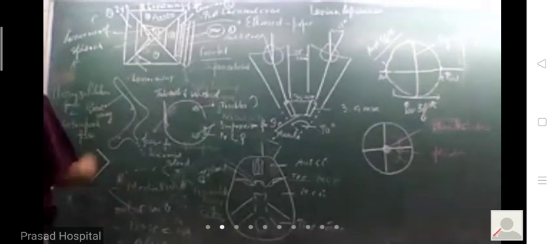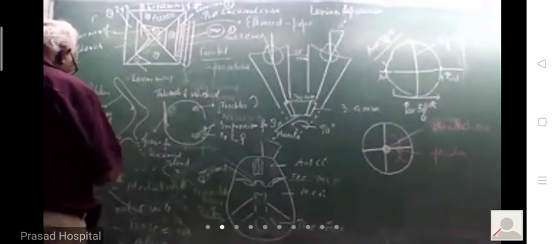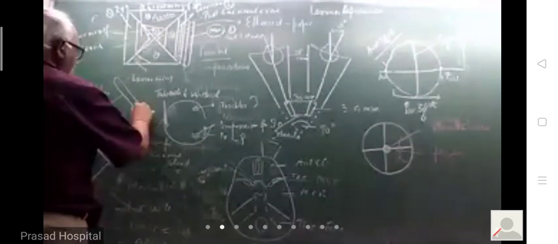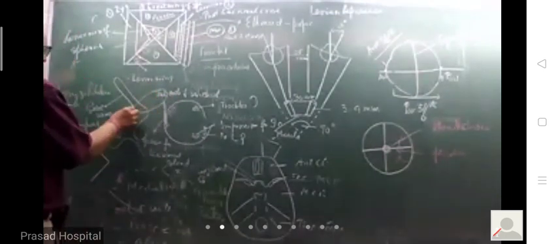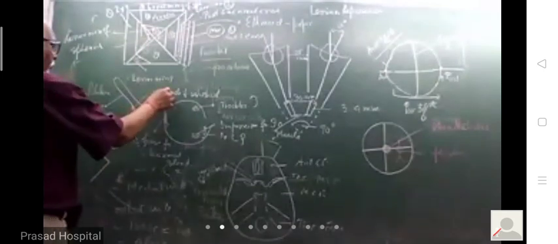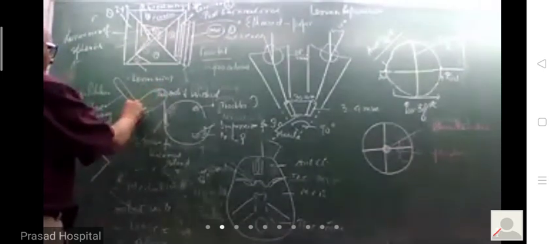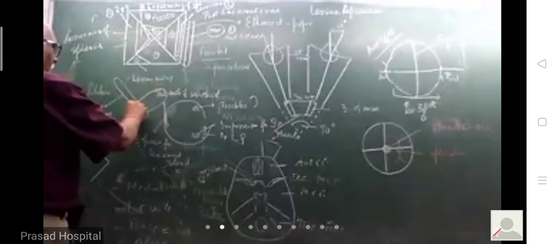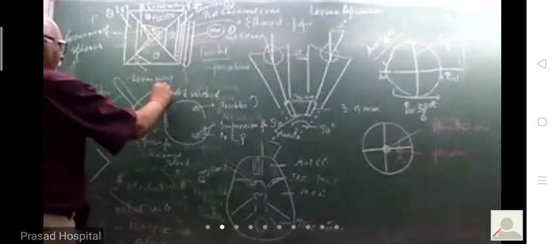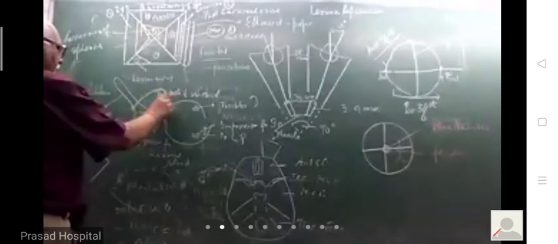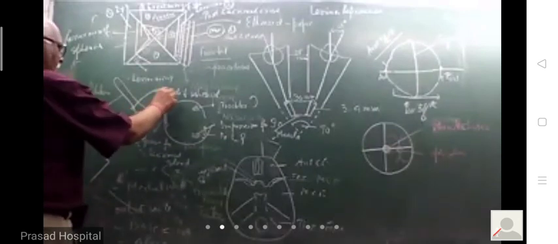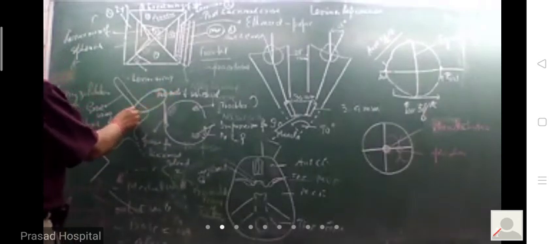And at the greater wing there is a tubercle. Attached to this tubercle there is a fibrous ring, which is called the annulus, the fibrous ring of Zinn.